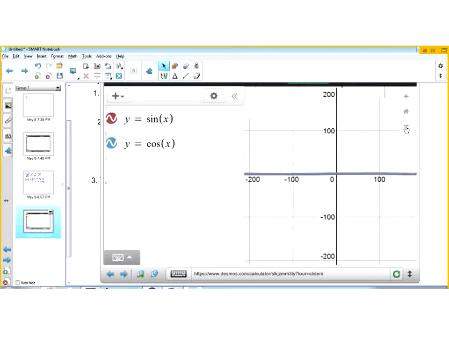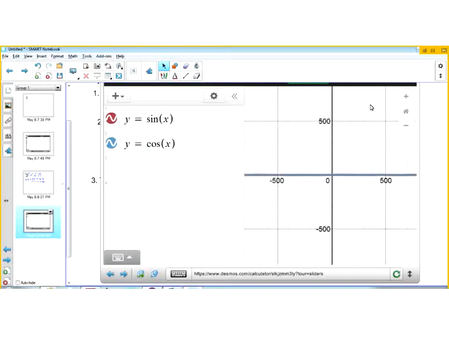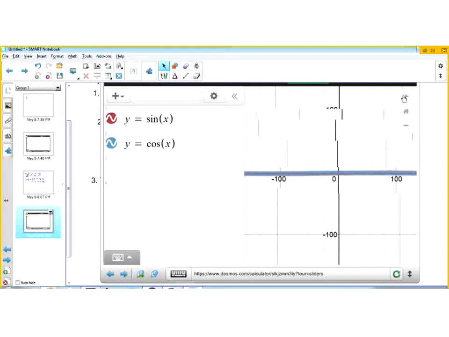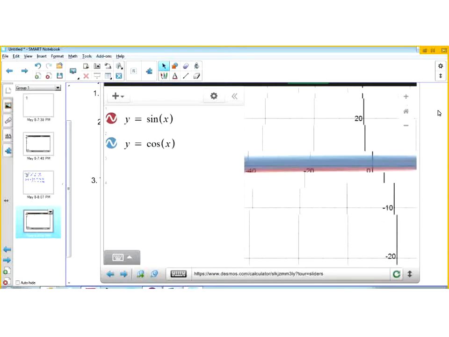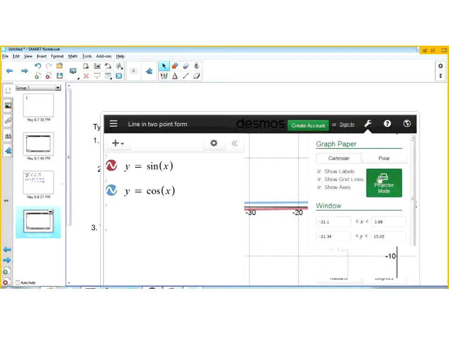Let's zoom out. Oops, it's kind of strange looking.